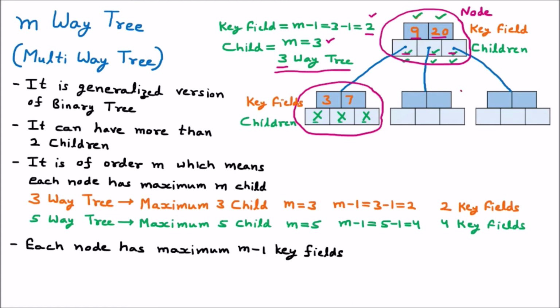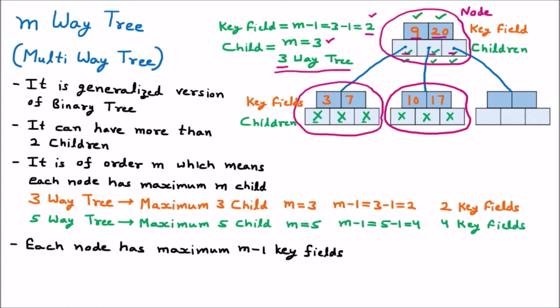Now we are going towards the next node. This is the next node that we are taking, and here let us suppose the key fields are 10 and 17. Now these are the key fields. Afterward we are having the 3 blocks of the children. We will represent the cross here because there is no further pointer connected.